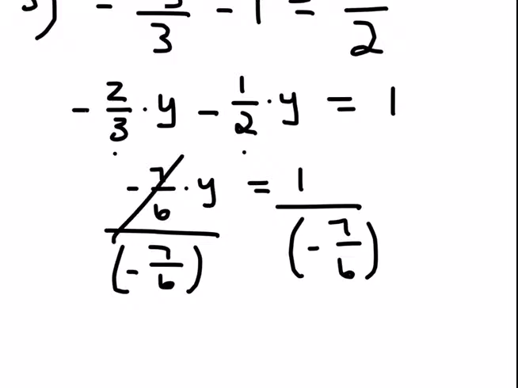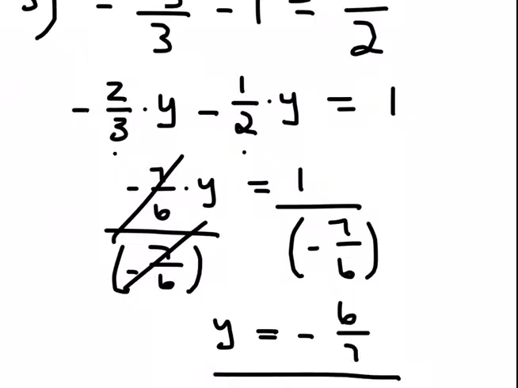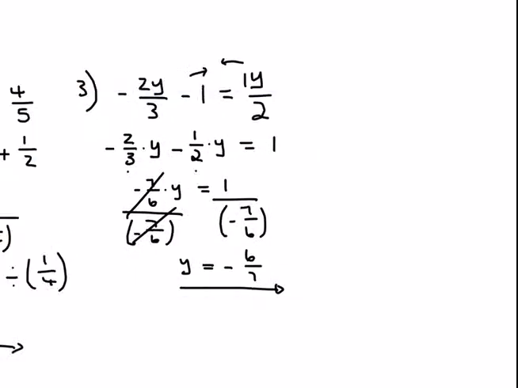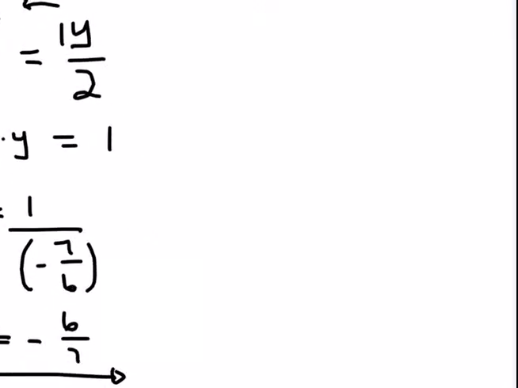So that should cancel completely with that, and then you've got your y, which will be equals to, let's see, 1 divided by, in the brackets you have negative 7 over 6, and then you get negative 6 over 7, and that should be the end of it. So can you see, same pattern, honorable member, same approach. Let's do example number 4.